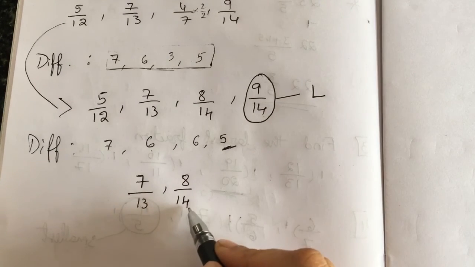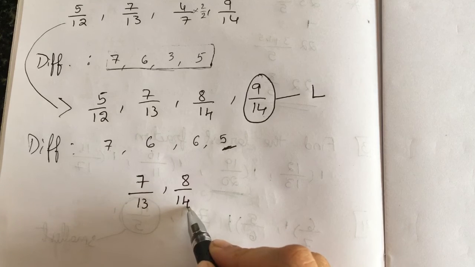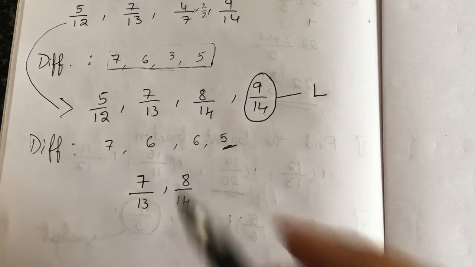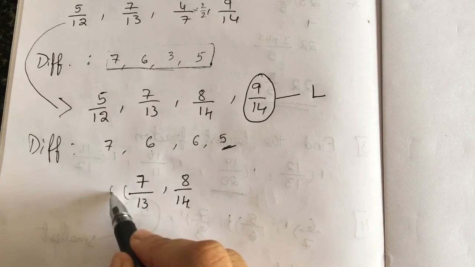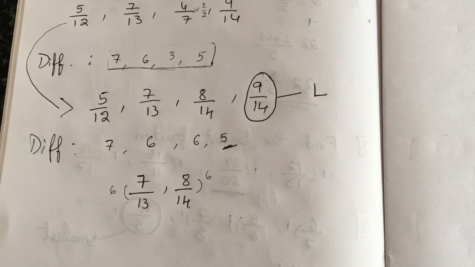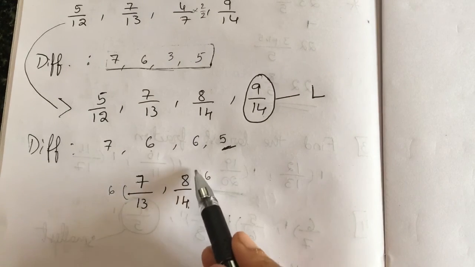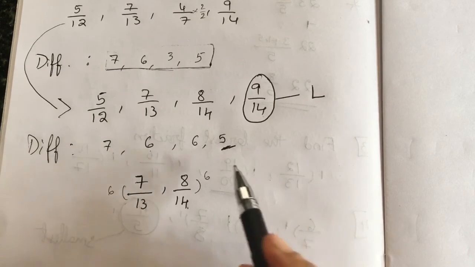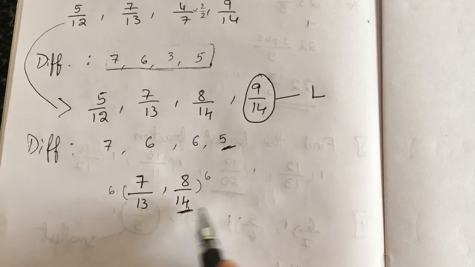This is the second largest because when the difference is same, right? In this case the difference is 6. This also has got the difference 6. So this is the smaller number, that will be the smallest one, right? So this is the smallest one.